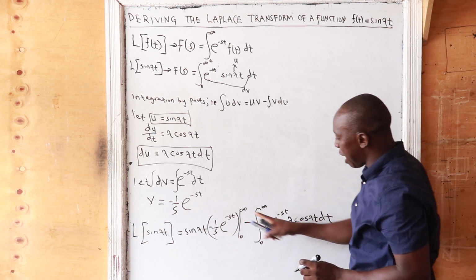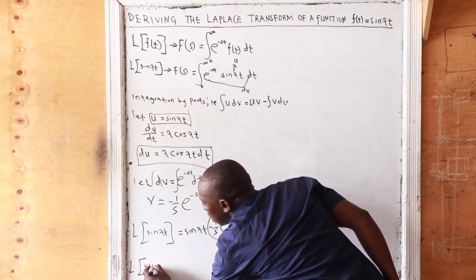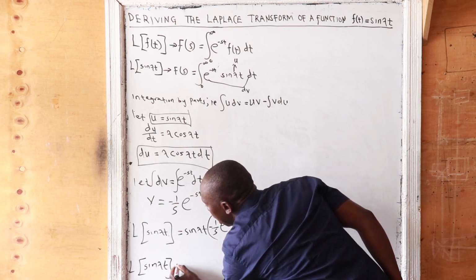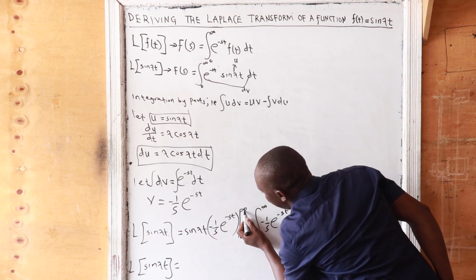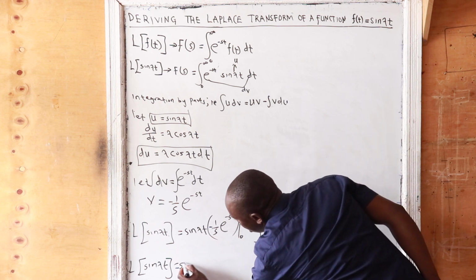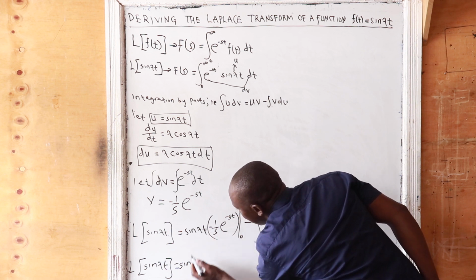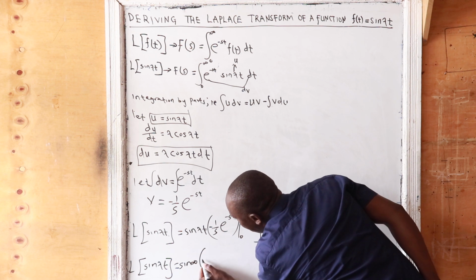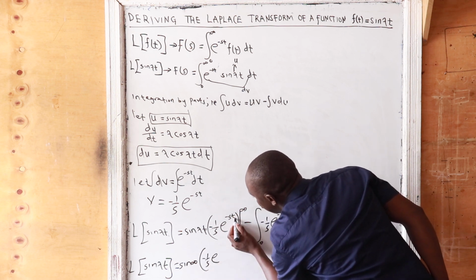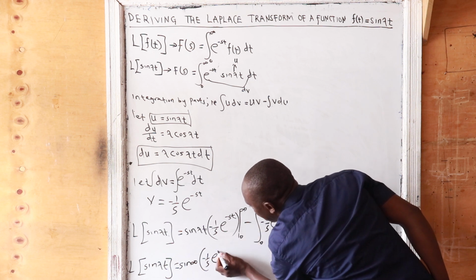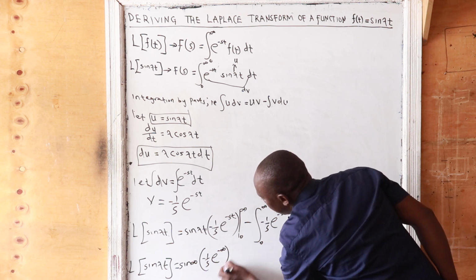Let's now replace the boundaries. The Laplace transform of sin lambda t will be equal to, where there is t, we replace with infinity for the upper boundary. Sin of t being infinity, and minus 1 over s exponential minus st with t infinity, so you are going to get exponential minus infinity.